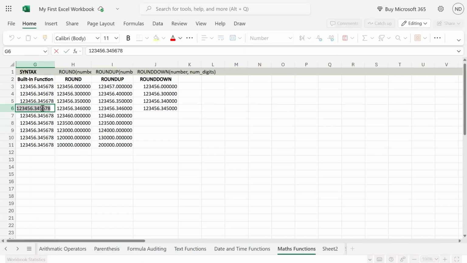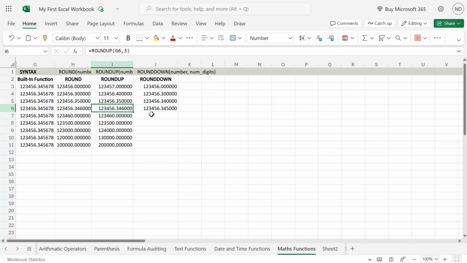So the next digit is greater than 5, that is 6. Hence, this 5 is getting increased to 6 in the previous versions of the round function. But in round down, it keeps it as it is, whether you have the number in decimal or integer, greater than 5 or less than 5. Need to take care of it.